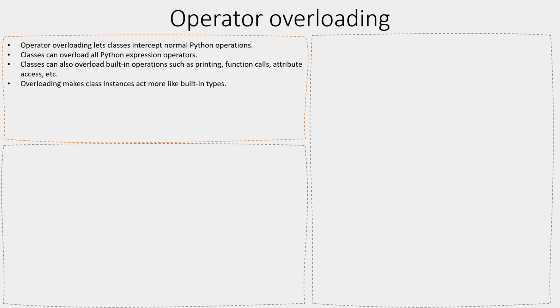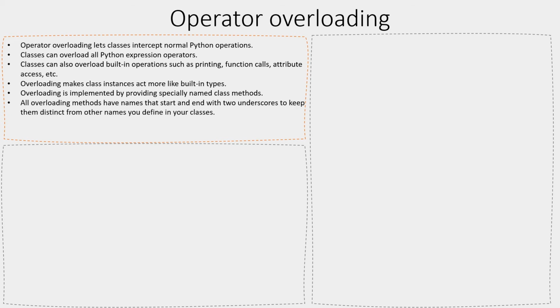Then overloading makes class instances act more like built-in types. Overloading is implemented by providing specially named class methods. We'll see what those are. All overloading methods have names that start and end with two underscores to keep them distinct from other names you define in your classes.